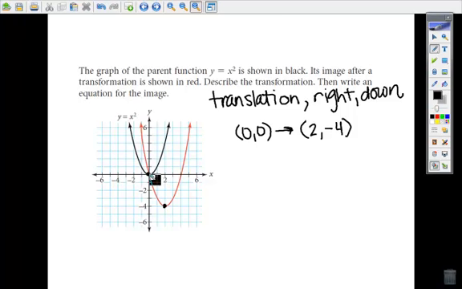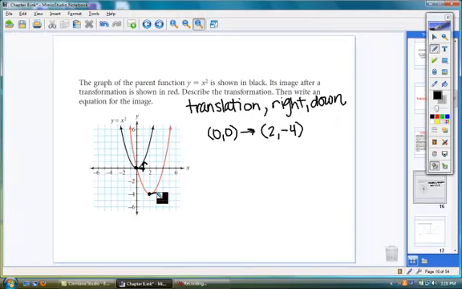So what I notice is that when I go over 1 on my original, I go up 1. And same thing on my image, when I go right 1, I also go up 1. So we can compare these 2 points. That point on the original function is 1, 1, and on the image is 3, -3.